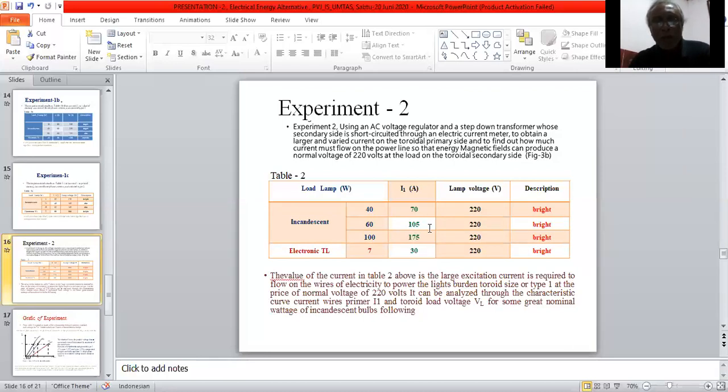But the electronic lamp is 7 watt and the needed current is 30 amperes. And all the lamps light at a voltage of 220 volts.